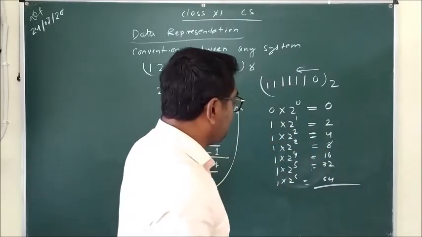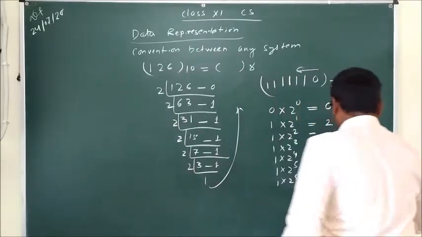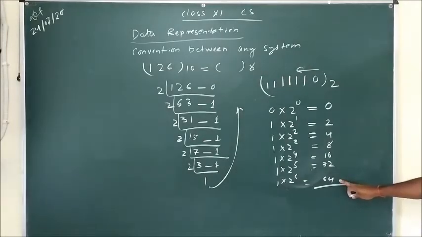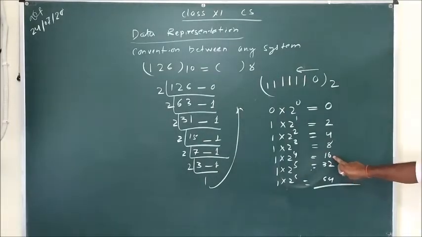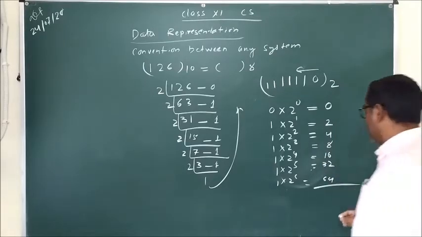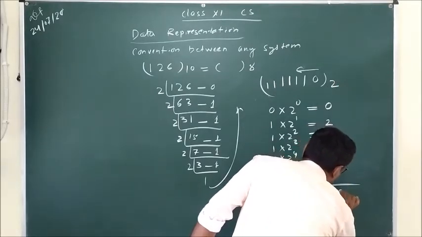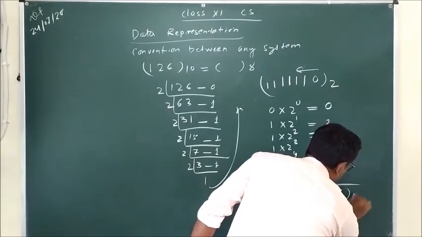The number is 64 plus 32, that is 96, 96 plus 16, 112, 112 plus 8, 120, then this 126 is the number with base 10.